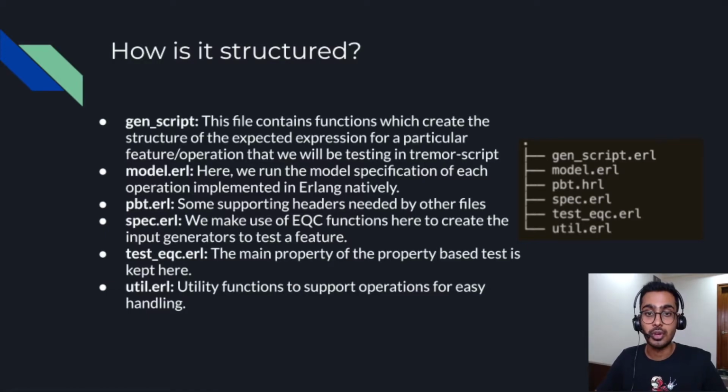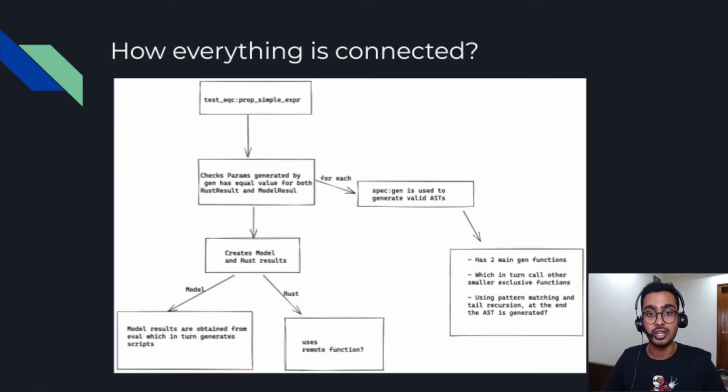So we are testing both of them, and the test EQC part is where the actual property is written and where the testing happens. And spec ERL is where the EQC functions like generators and shrinking are done. So whenever you get an error, the shrinking happens, as well as which function to call to generate different input types. The randomization and the shrinking features are done here.